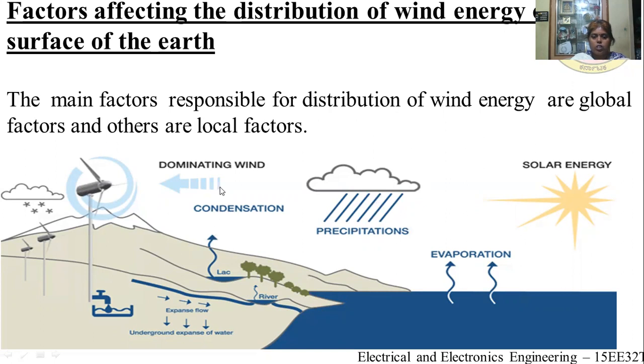This condensation will dominate the wind, and this wind rotates the blades of the wind turbine. Likewise, there is a cyclic nature or factor which generates the wind in the atmosphere.